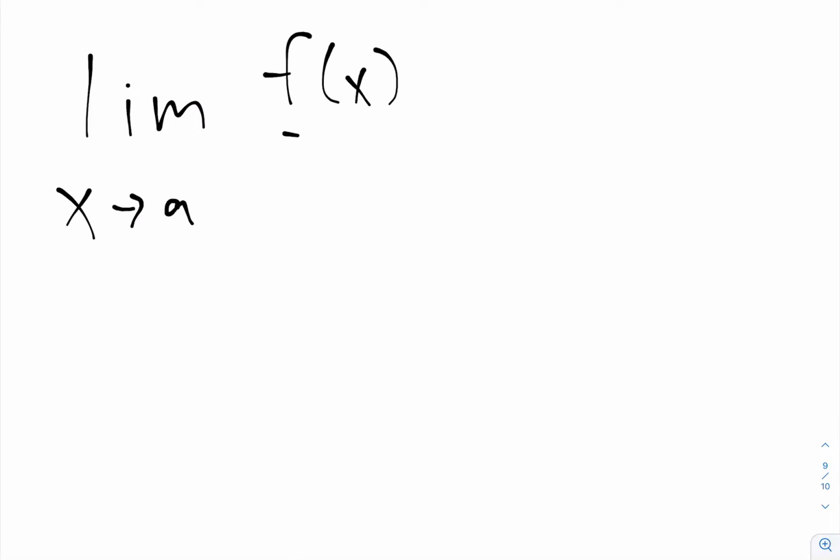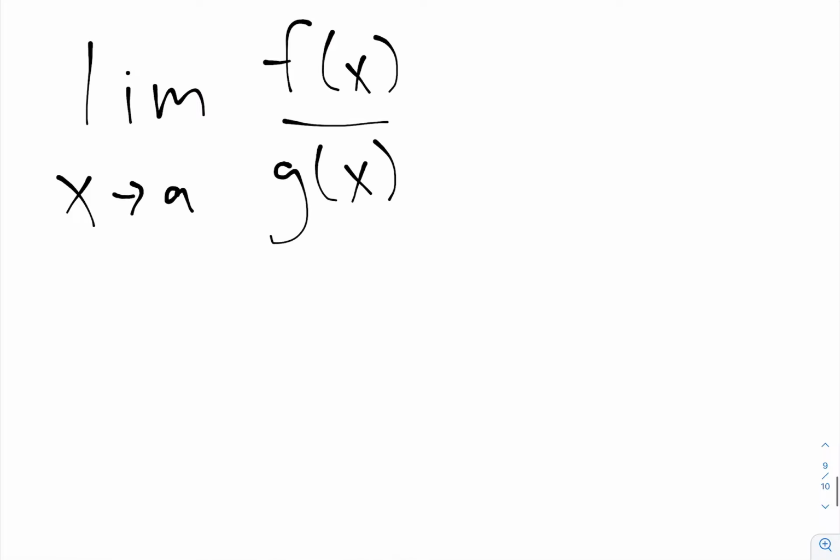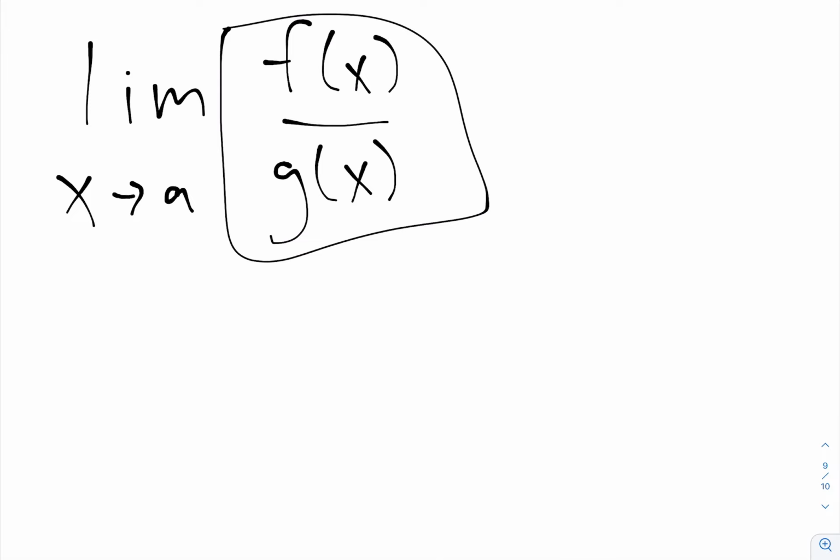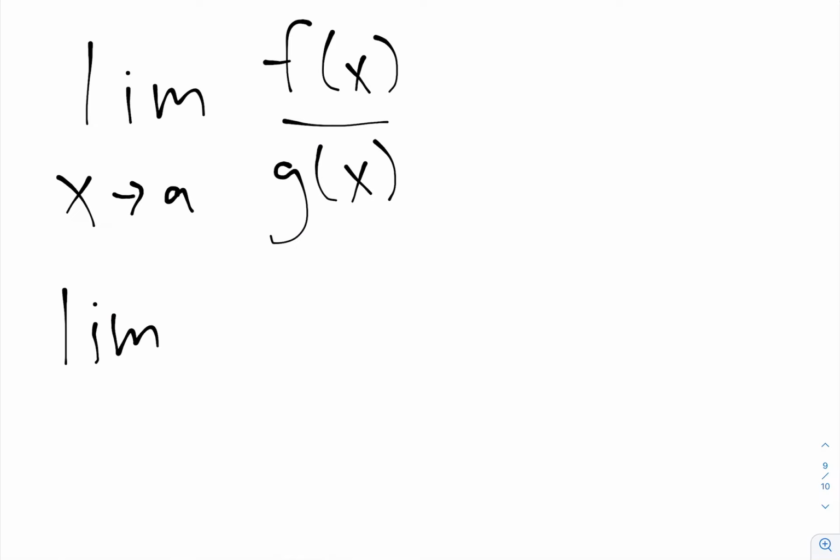Okay, and lastly, just the quotient rule. All the same idea. If we're dividing two functions, finding the limit of this function here, we call it h of x, that's going to equal the quotient of their individual limits.